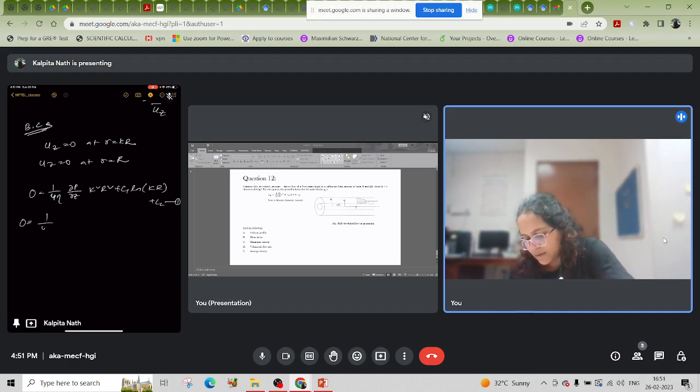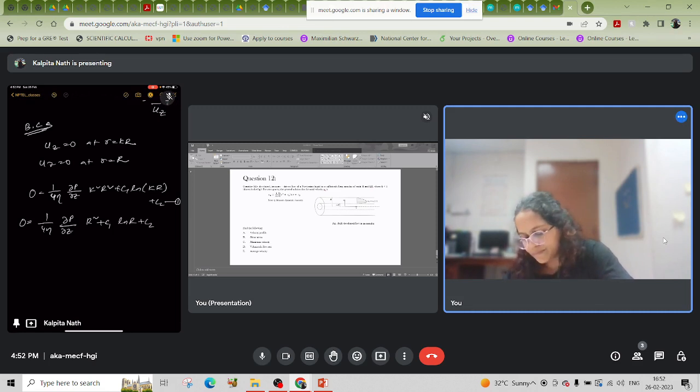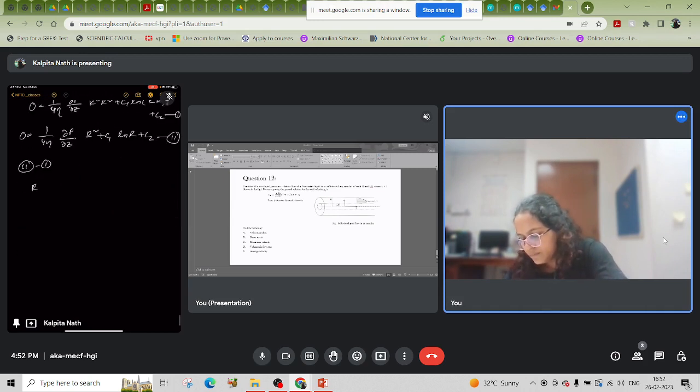And another is 1 by 4 eta del p del z R square plus c1 ln R plus c2. This is equation 2. 2 minus 1 will be R square by 4 eta del p del z, 1 minus kappa square, plus c1 ln 1 by kappa is equal to 0.